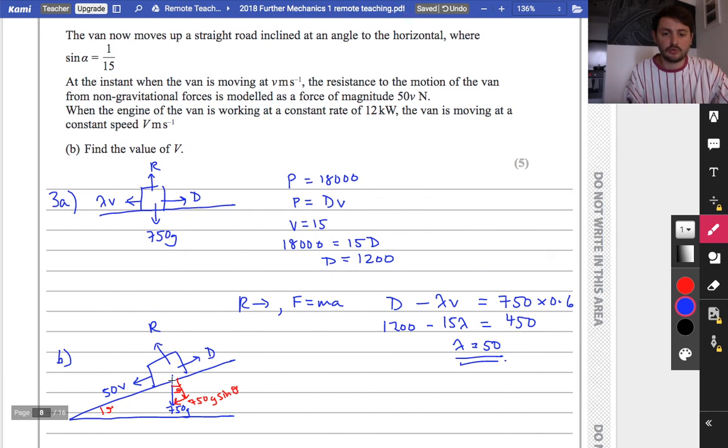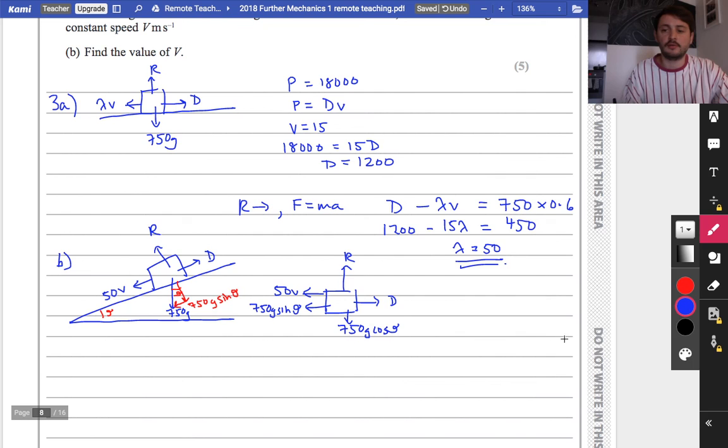If I were to redraw this diagram but flattened out, we've got R going up, D going to the right, 50v going to the left, 750g sine theta, and coming down 750g cos theta. But we're not going to need this up and down bit.